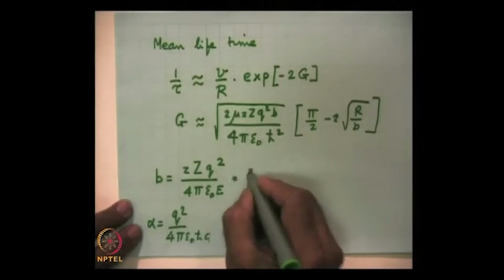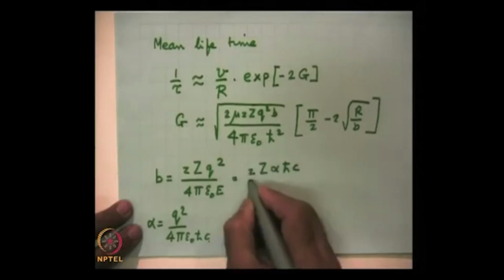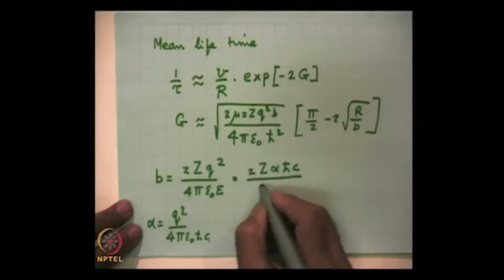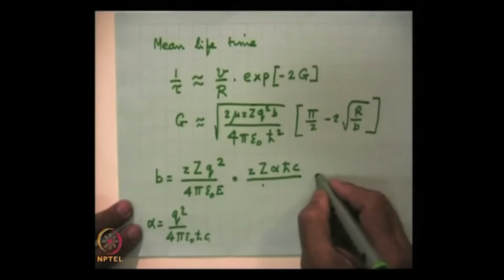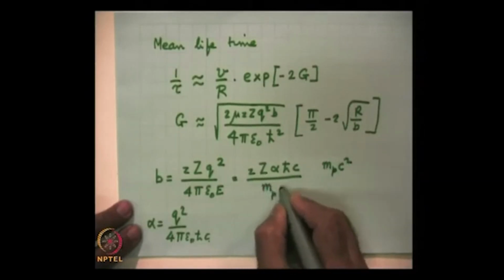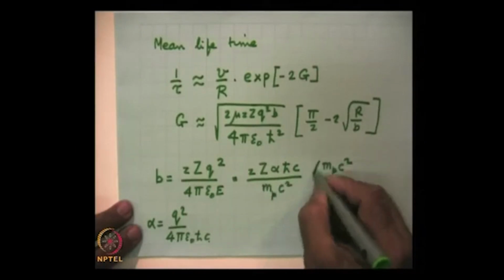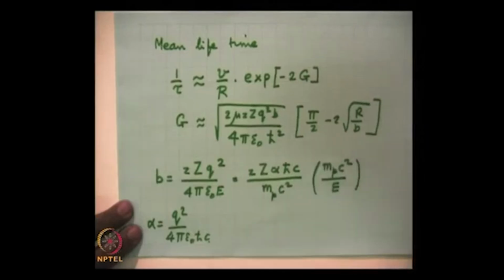So I write this as Z alpha h cross c divided by E, and I multiply this by mp c square and divide by mp c square divided by E. I will tell you in a moment why I did this, where mp is the mass of the proton.